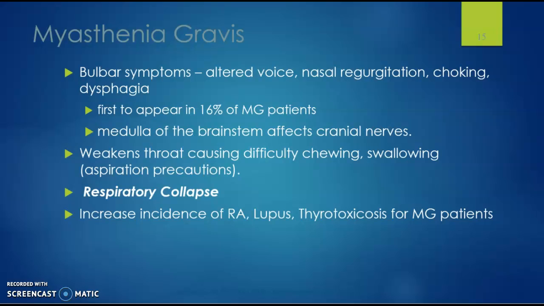Many patients will progress to having situations where they get into respiratory collapse. There is an increase for myasthenia gravis patients in having rheumatoid arthritis, lupus, and thyrotoxicosis. And so there is some connection between those diseases, likely related to autoimmune deficiencies.